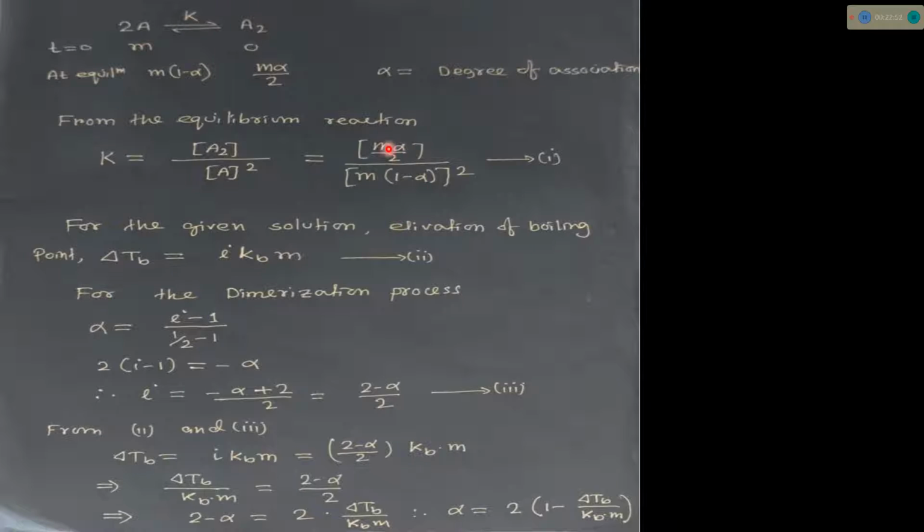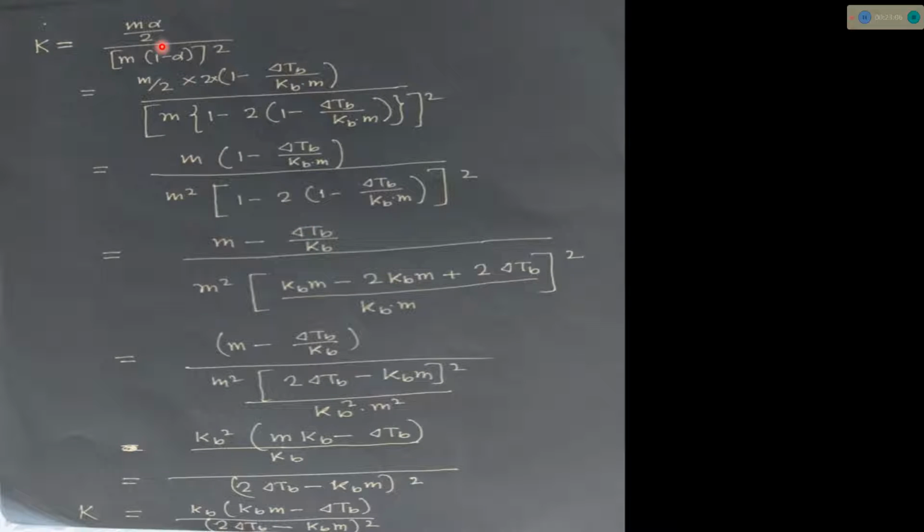We have to put the value of alpha in these expressions, then automatically we will get the expression. See, the value of alpha is equal to 2 into (1 minus ΔTb upon Kb into m). So if we put the value of alpha in these expressions, in the numerator m by 2 alpha, we are putting 2 into (1 minus ΔTb upon Kb into m). Also in the denominator, m into (1 minus this value of alpha) whole square.